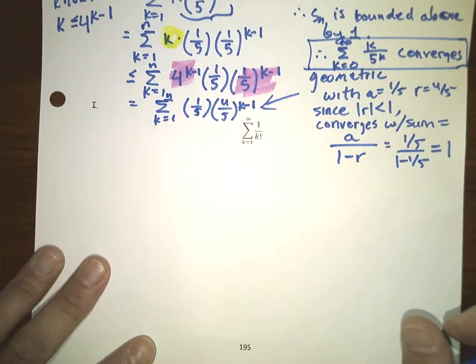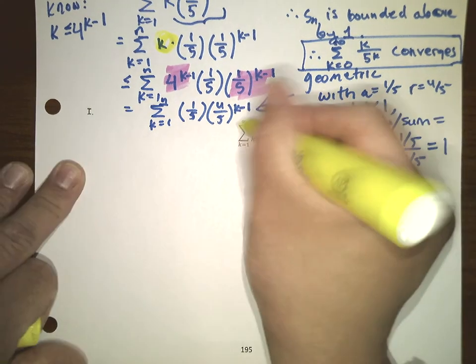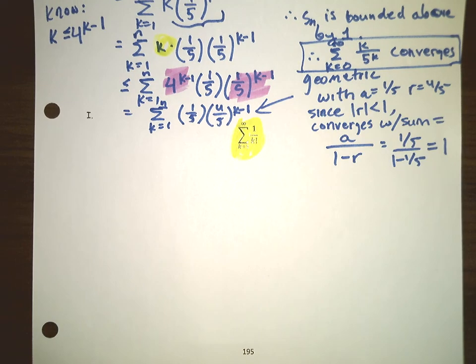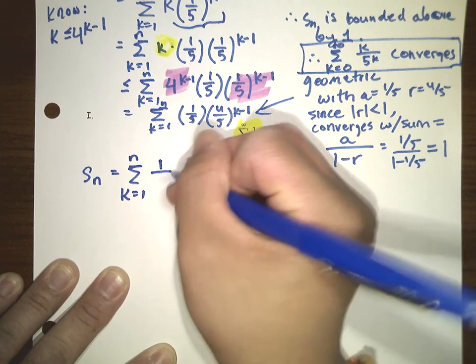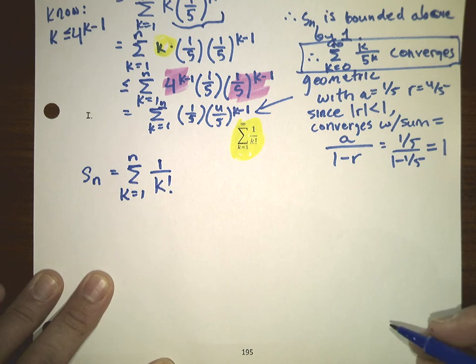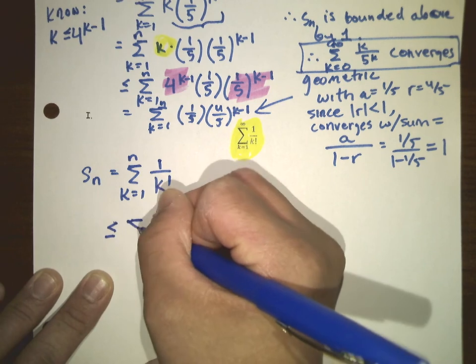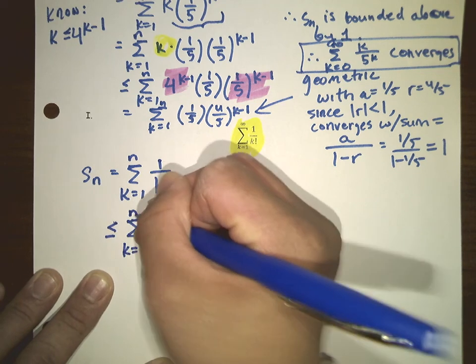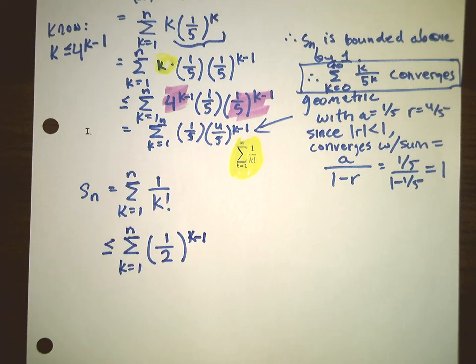So if you have any questions, again, feel free to ask, but I'll look at the partial sums for this series here. So S_n is going to be sum k equals 1 to n of 1 over k factorial, but I am going to say that this happens to be less than or equal to sum k equals 1 to n of (1/2)^(k-1).